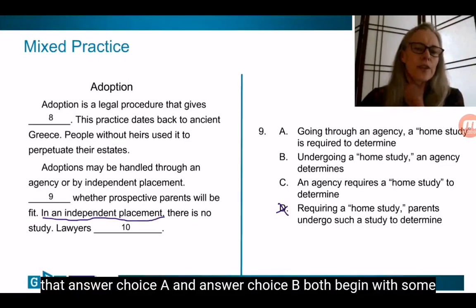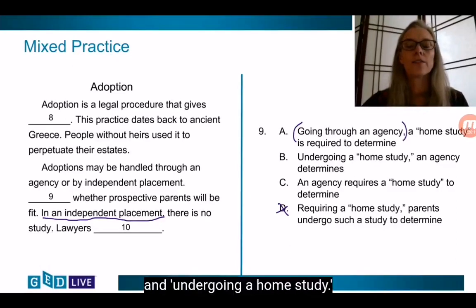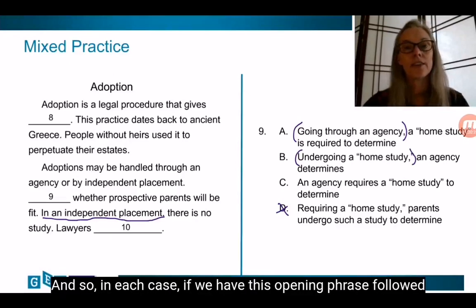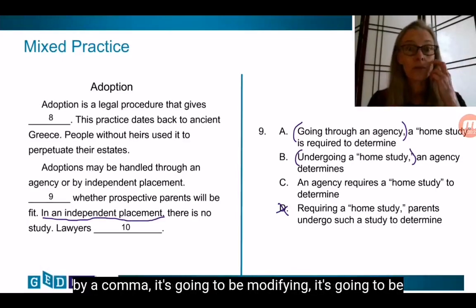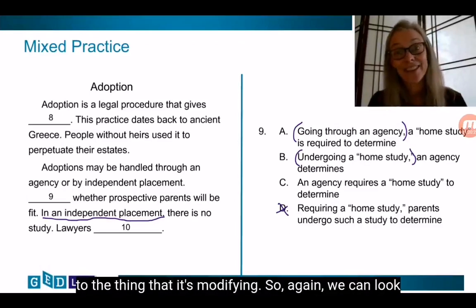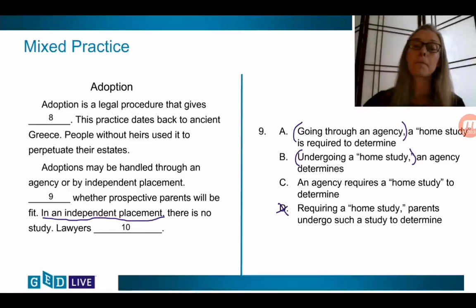Notice that answer choice A and answer choice B both begin with some kind of introductory phrase, going through an agency and undergoing a home study. And so in each case, if we have this opening phrase followed by a comma, it's going to be modifying. It's going to be giving us more information. And it has to be right next to the thing that it's modifying. So again, we can look at this through the lens of modification.